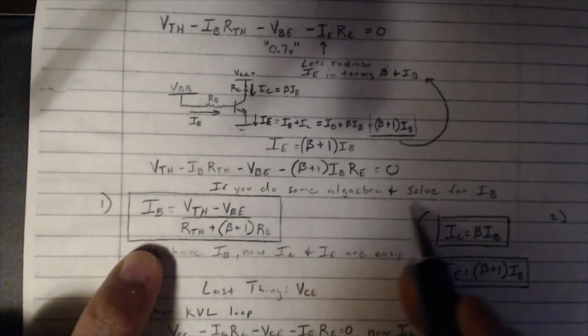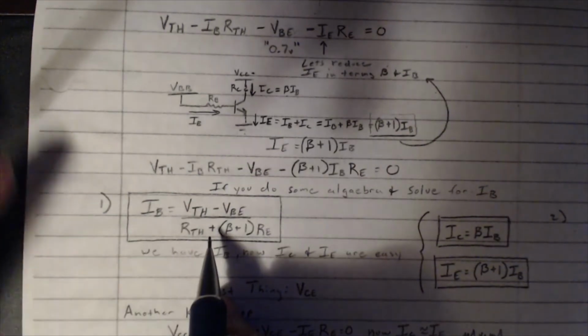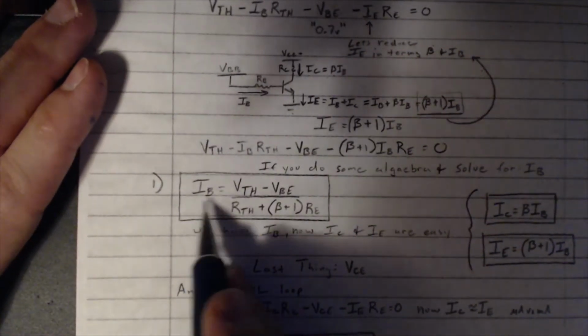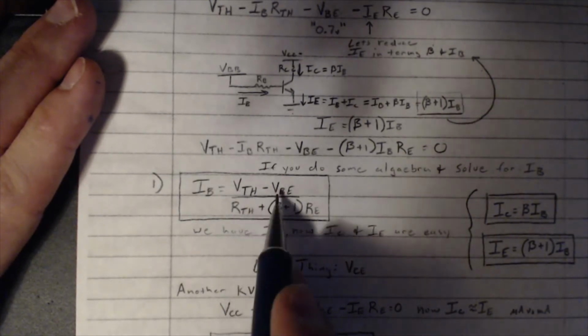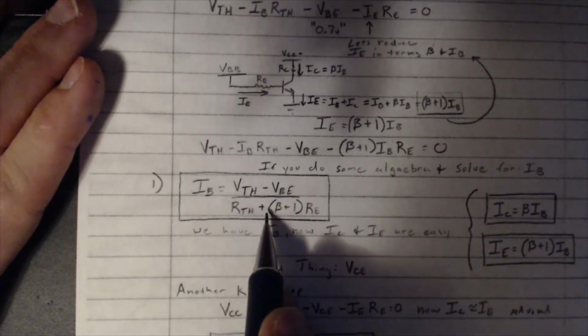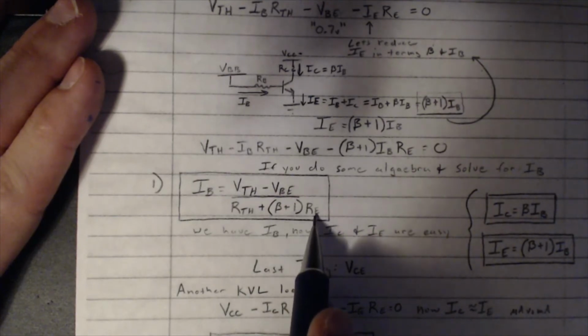So let's do some algebra and solve for IB, and here's my cheat. I just skipped ahead, and here's what it ends up being. IB is equal to the Thevenin voltage minus that 0.7 volt drop between the base and the emitter divided by the Thevenin resistance plus beta plus 1 times the emitter resistance.